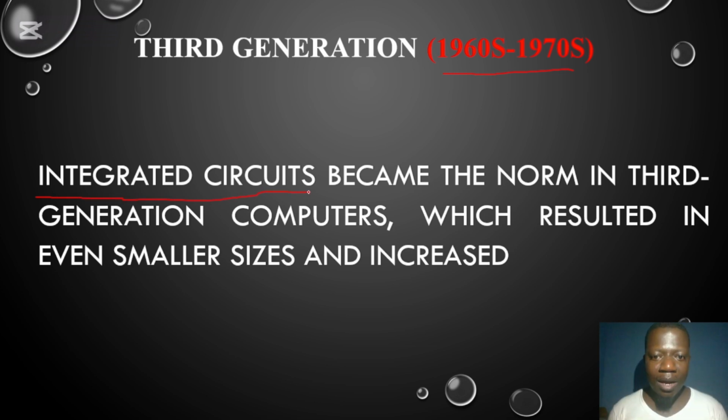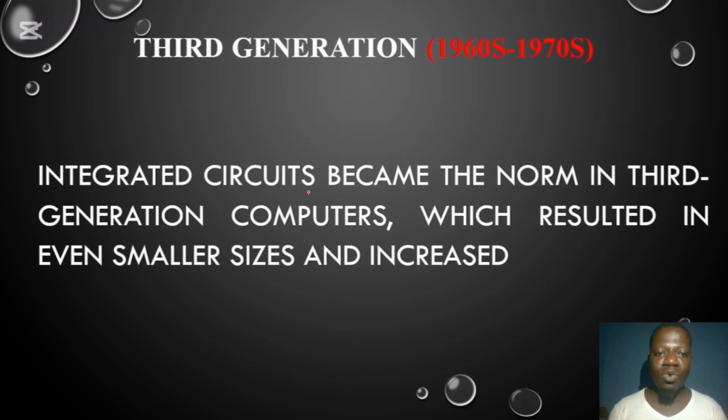So this became the norm in the third generation of computers, which resulted in even smaller computers. And this has increased processing or output, because they tend to work faster than the second generation of computers.